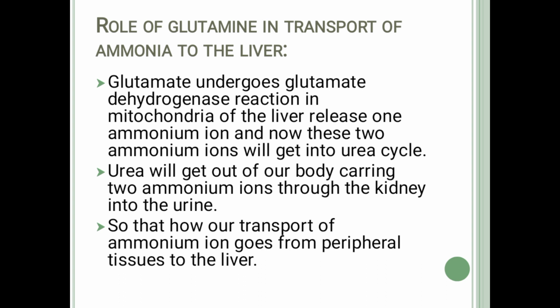Urea will be secreted out, and the kidney is going to filter the urea out into the urine, and that's how urea will get out of our body, carrying two ammonium ions through the kidney into the urine. So that's how the transport of ammonium ion goes from peripheral tissues to the liver, and in the liver it will be incorporated into urea formation.